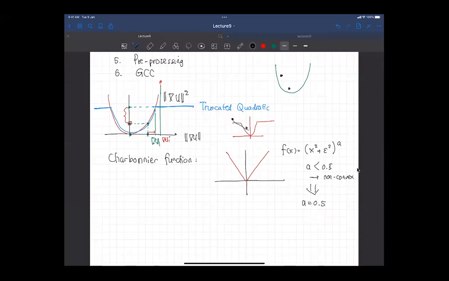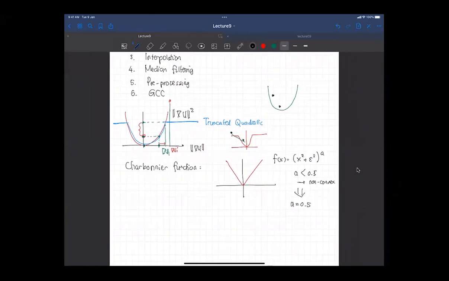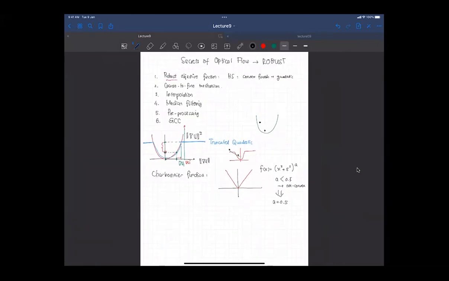Any questions here? So again, we have to use a non-quadratic function so that we can have a more proportional penalty for our error function or loss. So that's one recipe, one secret.